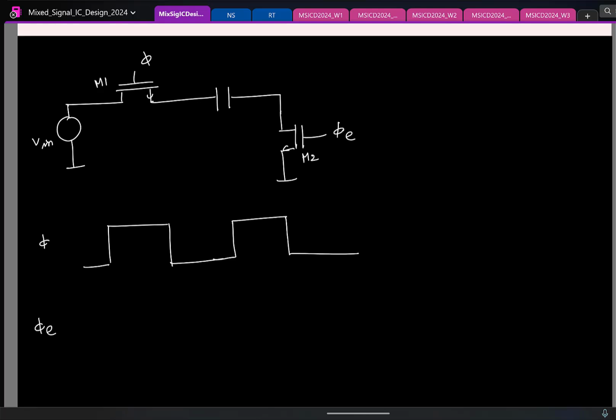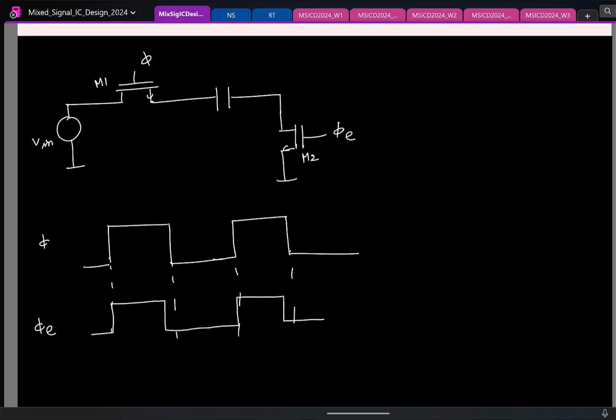Now ideally my early version of the clock should turn off before. So in principle, if I just make sure the falling edge drops before, I'm good.